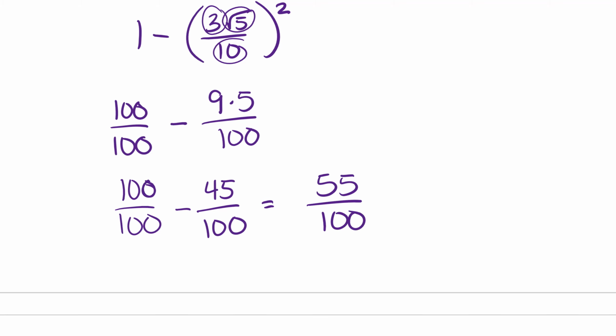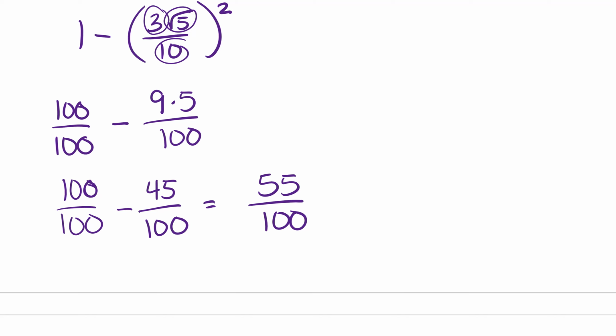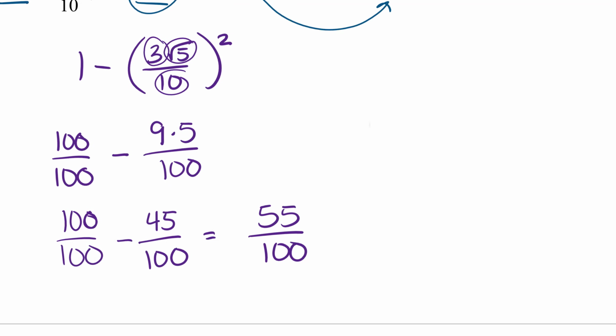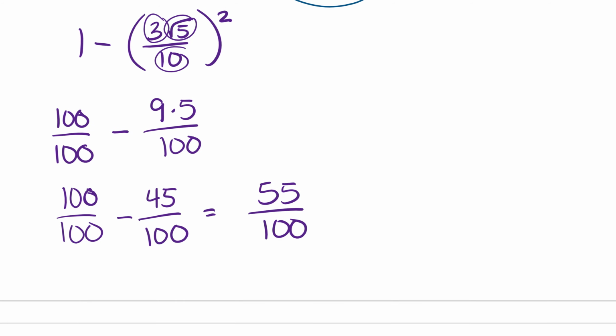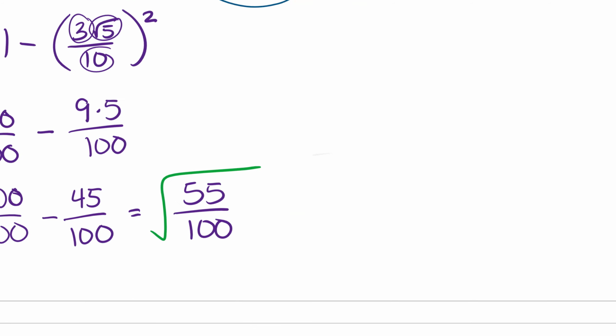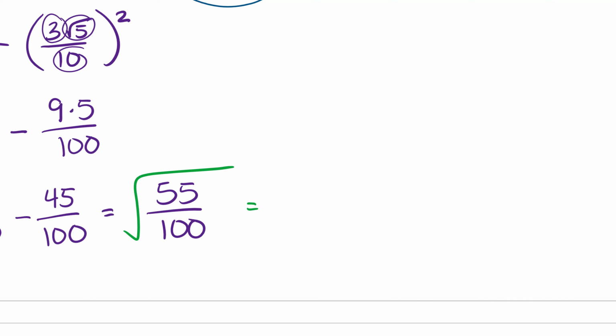Now, I don't want to reduce, only because that fraction right now is cosine squared. I want cosine, so your last step on this question should be to take the square root. If I take the square root of the top, I would have just square root of 55. I can't do anything with that.